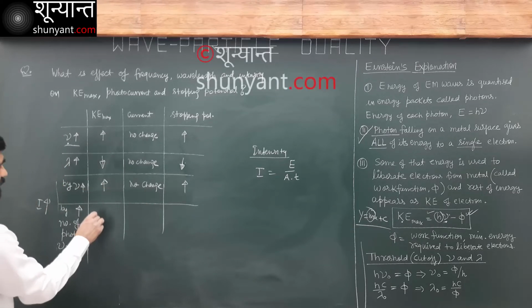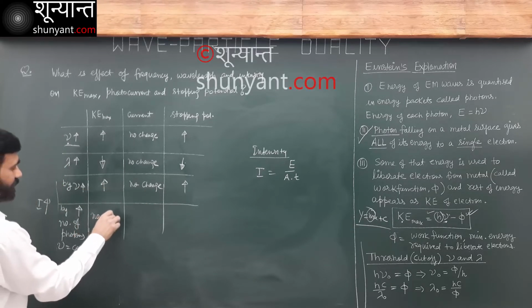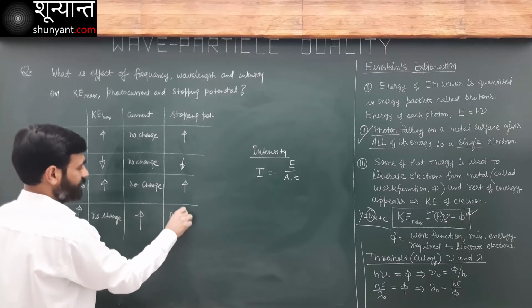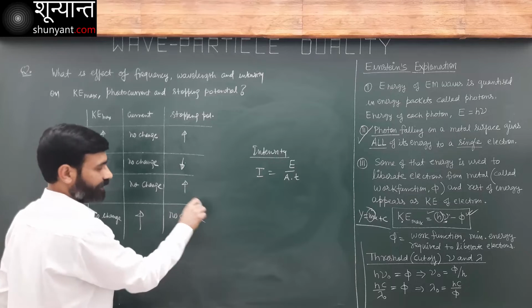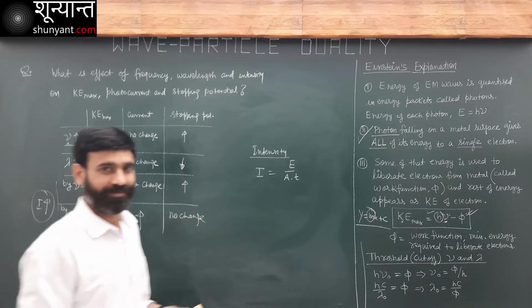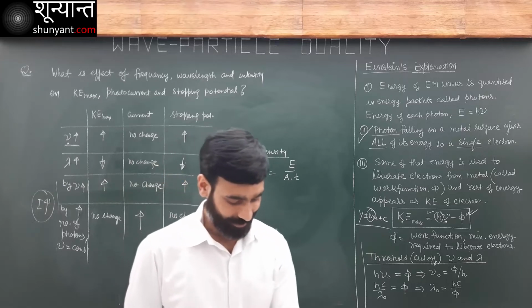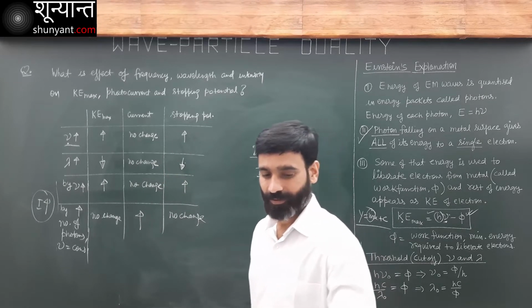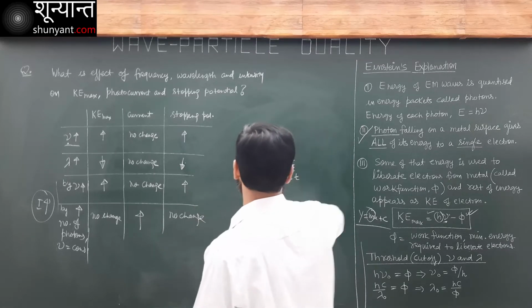So here I will see no change. Now this will increase, and here I will see no change. So for the effect of intensity, you have to be very careful. Got the point? Okay, let's do a few more problems.